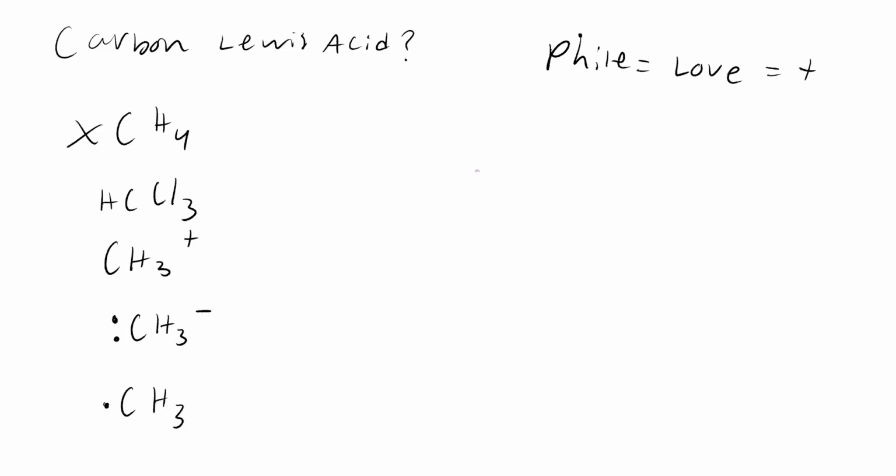All right. So C and a hydrogen right here and a lone pair. Well, technically it has 8 electrons. 2, 4, 6, 8. And so it's not going to be acting as a Lewis acid.